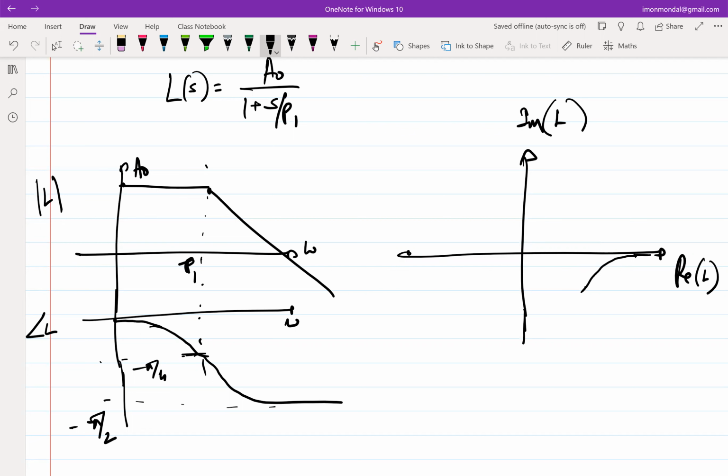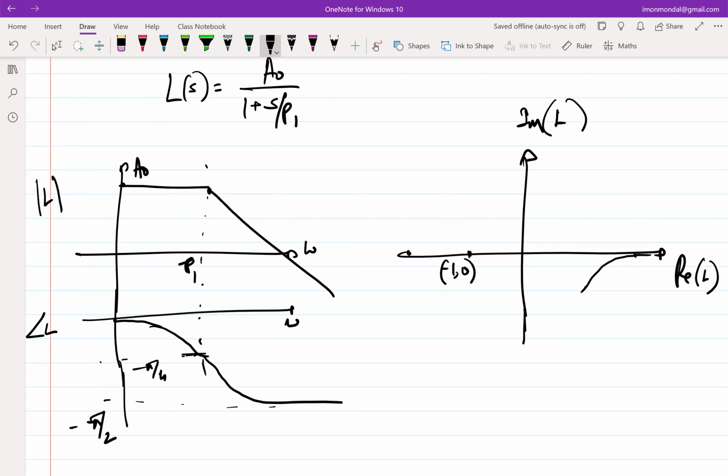So for hand calculations, we just look into the critical points and see whether we are far away from stability, or near to that critical encirclement point. What is the critical point in our case? It is this point, minus 1, 0.